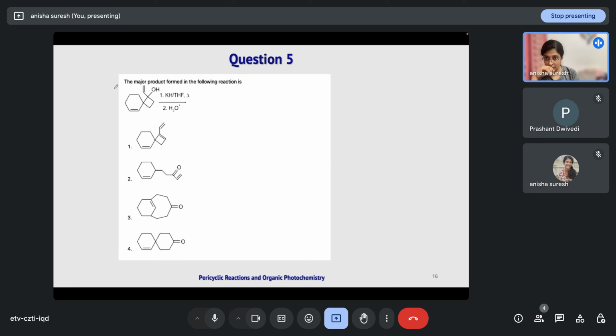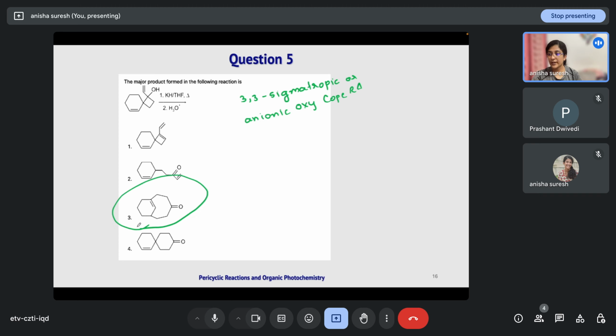So this is undergoing a 3,3 sigmatropic or anionic oxy-Cope rearrangement, resulting in the formation of this major product.